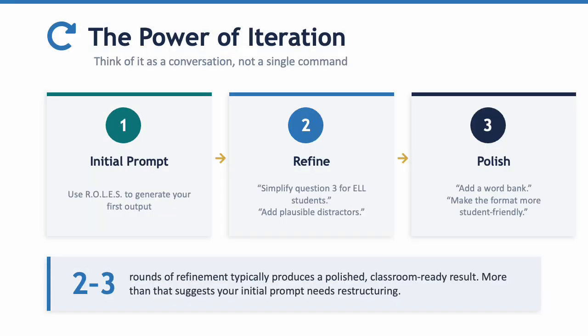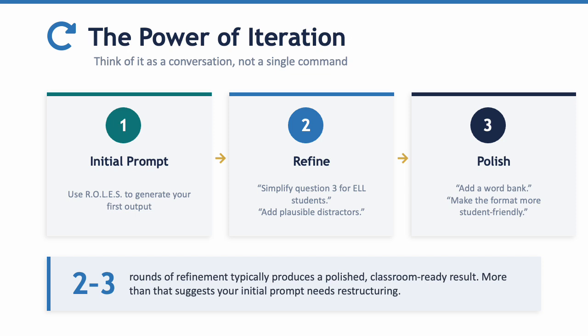Now let's talk about the power of iteration, because even with the roles framework, you won't always get it perfect on the first try, and that is okay. The key here is knowing how to refine without starting over.